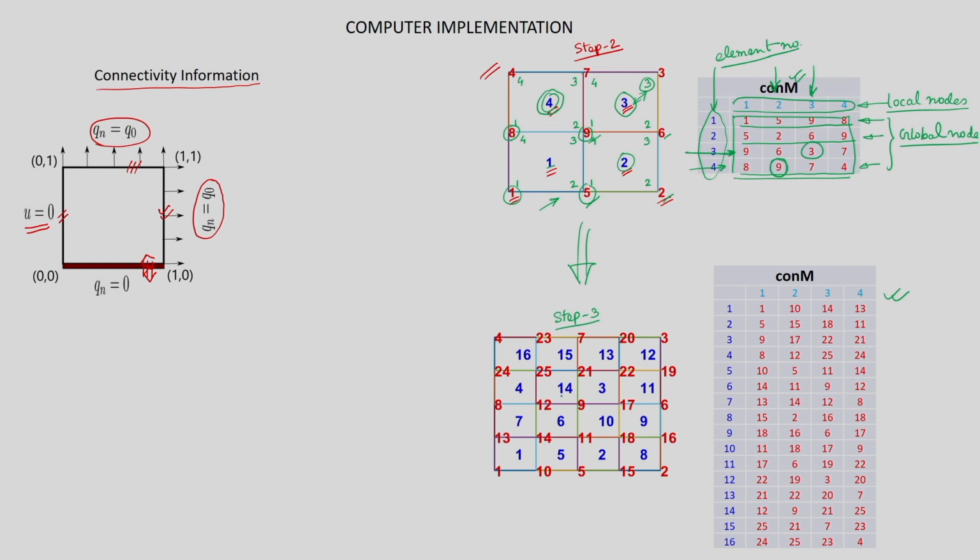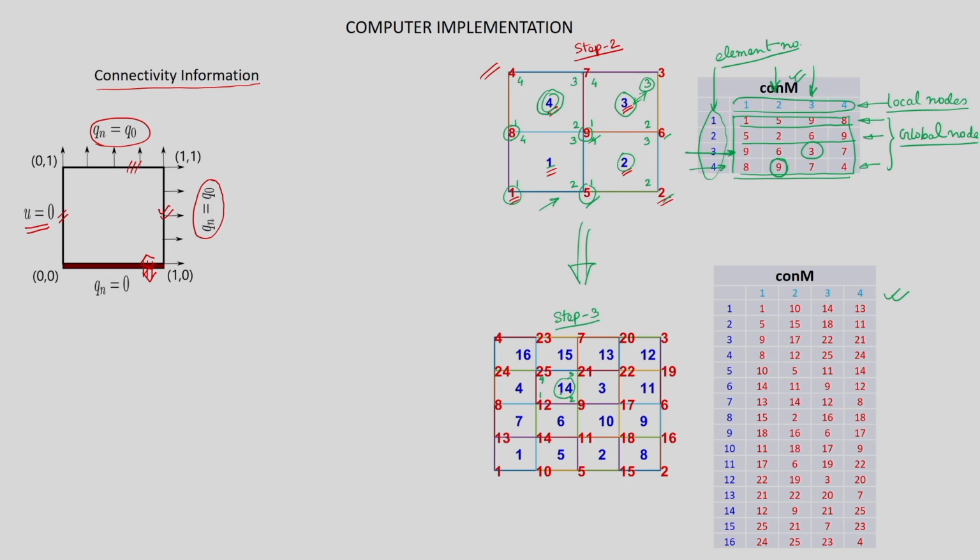If I have to go to element 14, the element 14 local numbers are again 1, 2, 3, 4. In this code this is how it has been constructed. The local numbering starts from the lower left corner, so 1, 2, 3, 4 of a given element.